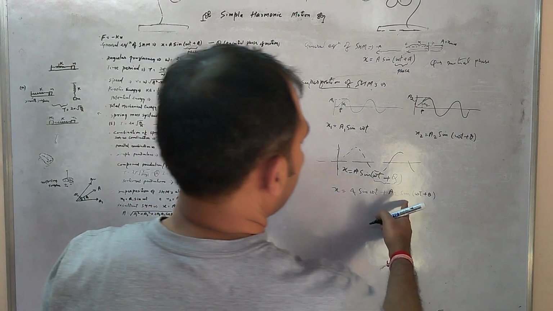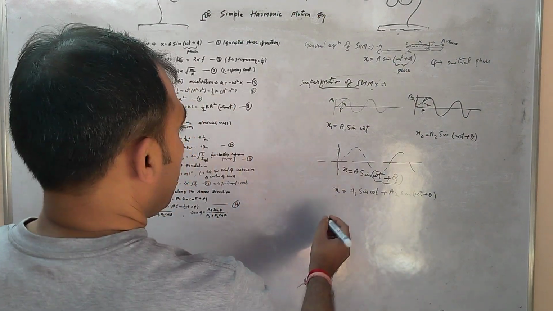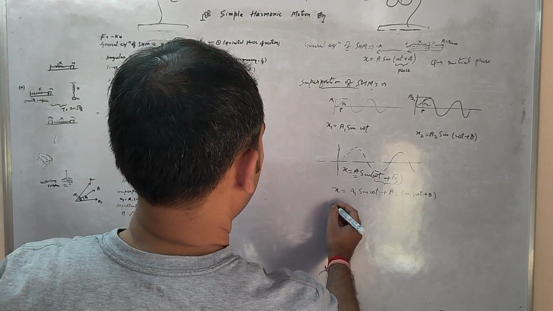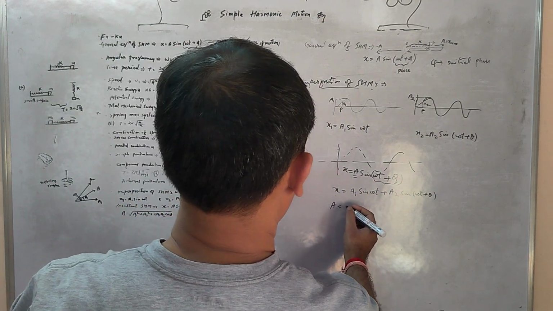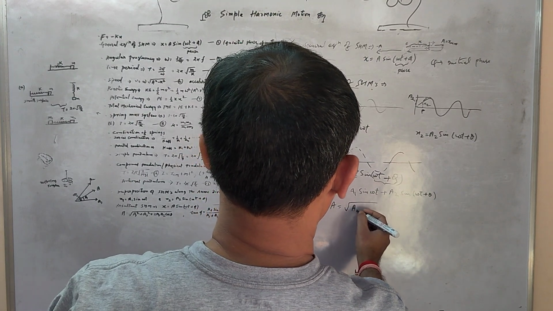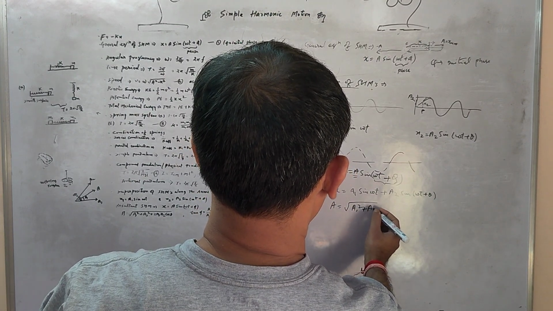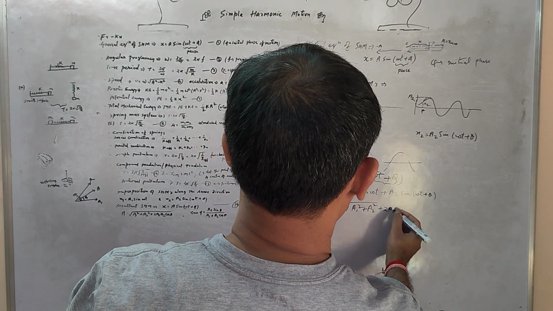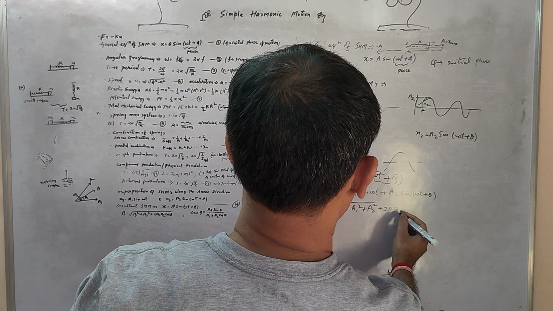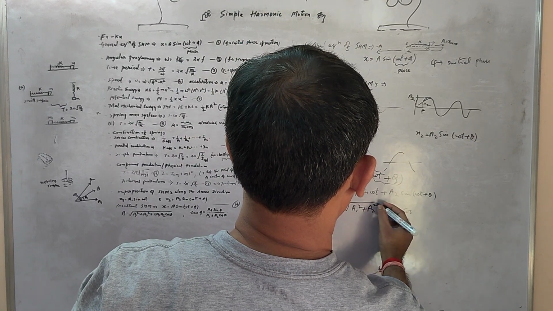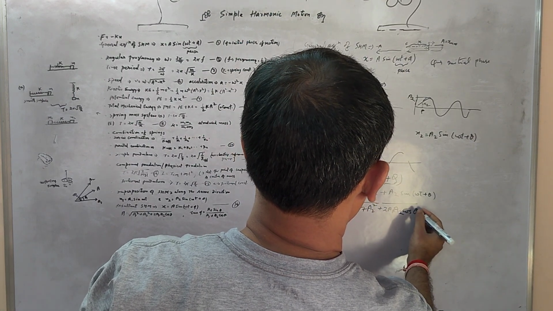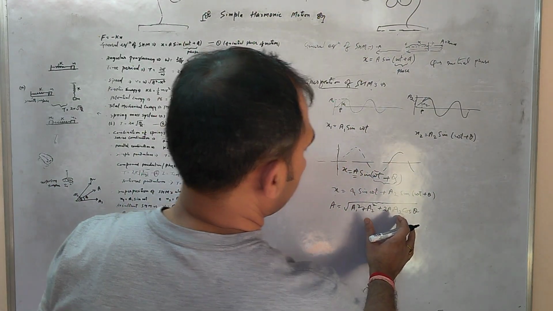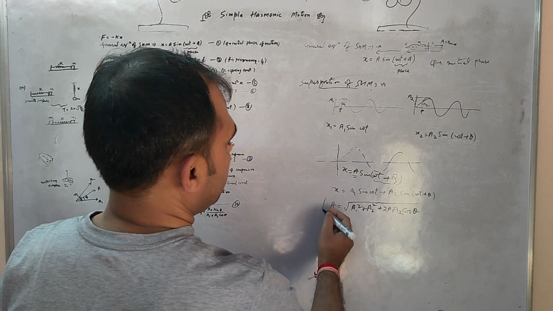So x can be given by this, and the amplitude A can be written as under root a1 square plus a2 square plus 2 a1 a2 cos of the phase difference. Theta was the phase difference between the two. So this will be the resultant amplitude.